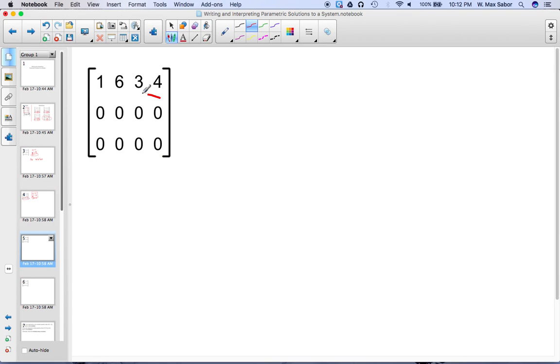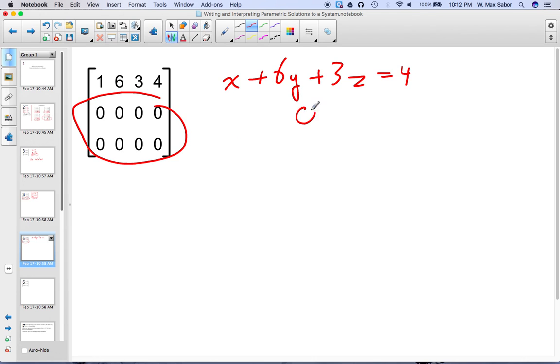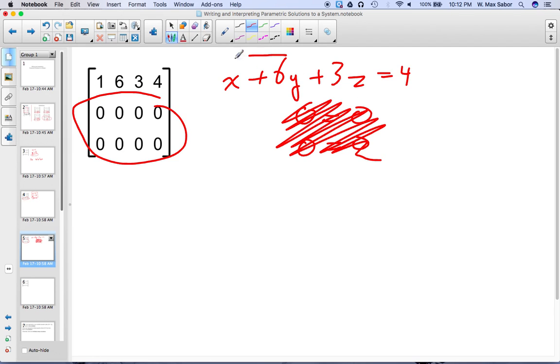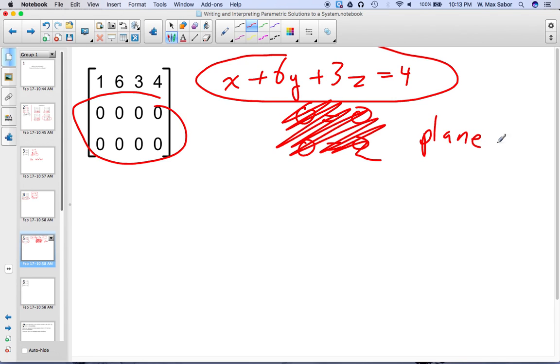Here we have x plus 6y plus 3z equals 4, 0 equals 0, and 0 equals 0. So these are useless equations. I mean, they're true, but they don't help us. And that is the equation of a plane. The normal vector being (1, 6, 3).